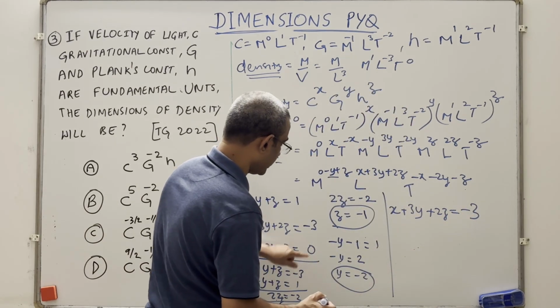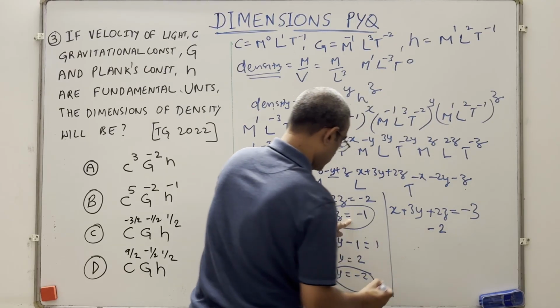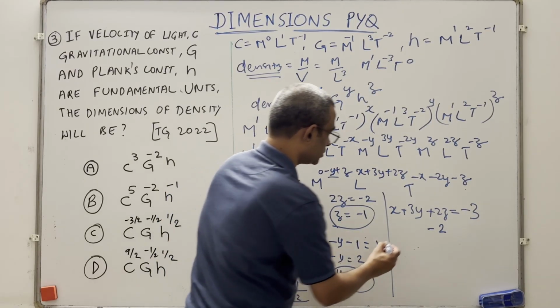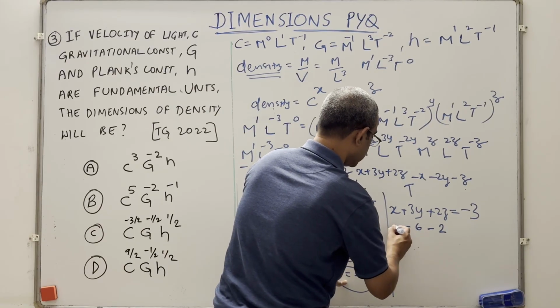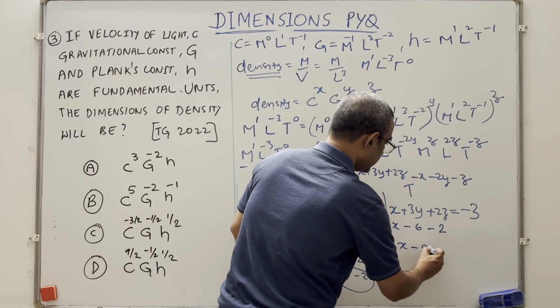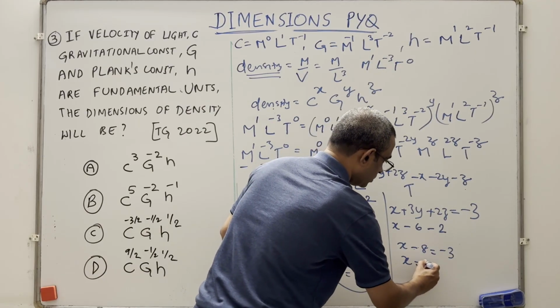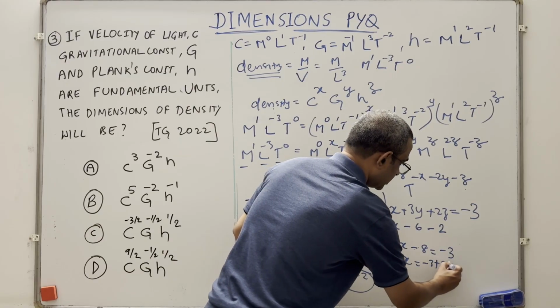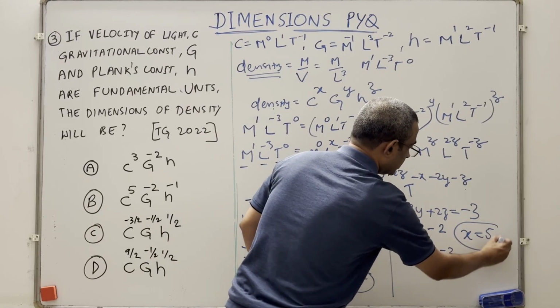From this we have z is equal to minus 1, so this becomes minus 2. y is equal to minus 2, so this is minus 6. So x minus 8 is equal to minus 3, or x is equal to minus 3 plus 8, that is equal to 5. So we have x is equal to 5.